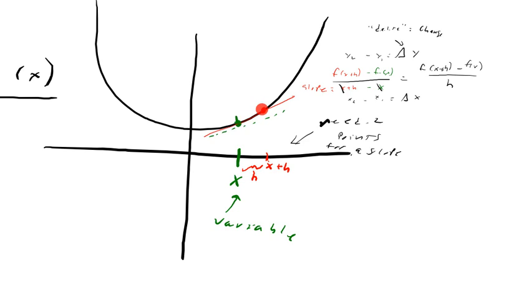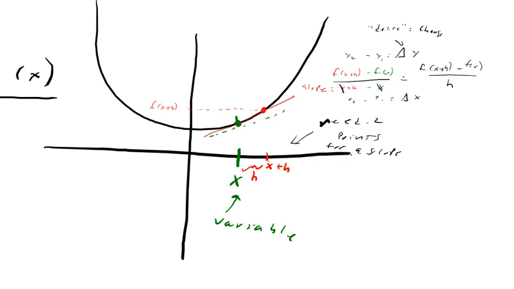And we have a slope, right? y2 minus y1, the f of x plus h, that's up here. Right here is f of x plus h. Like let's say x was 2, h is 0.1, this is 2.1.